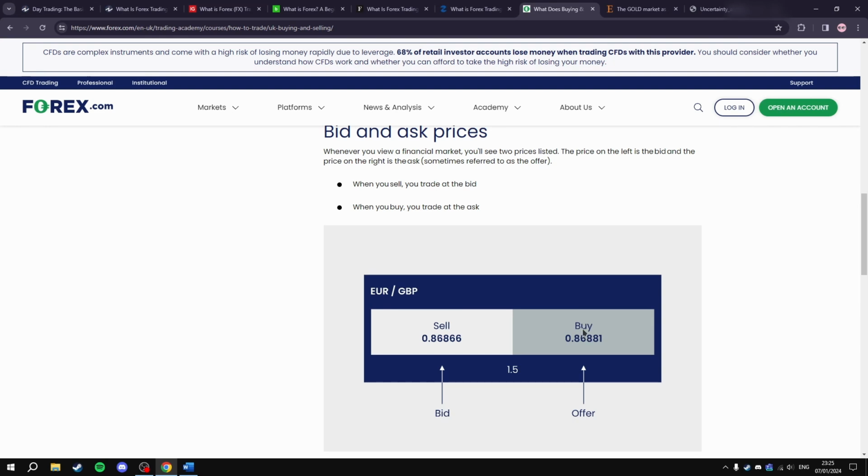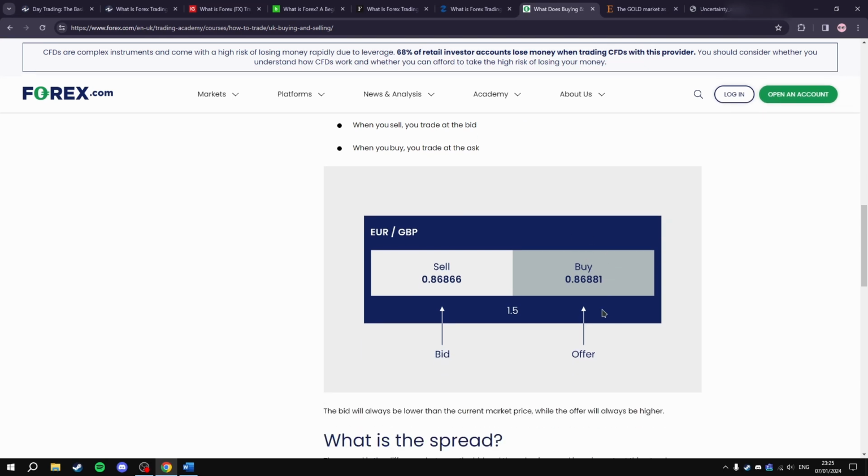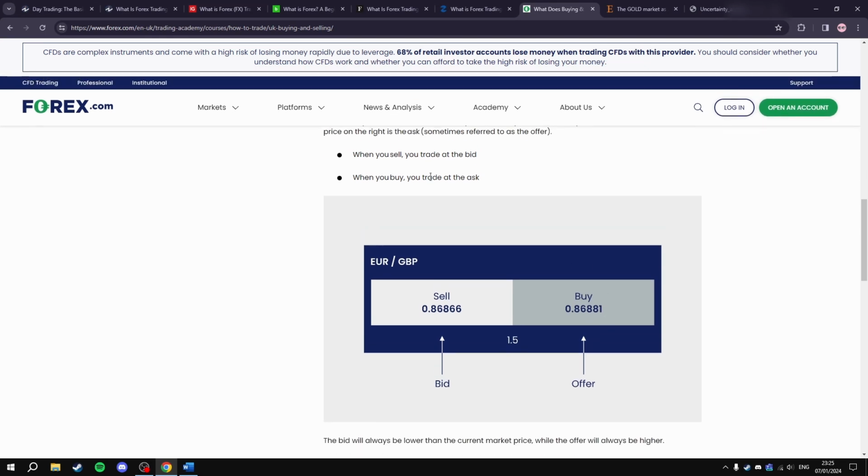So buy is the right. I can think of that as bye-bye, using my right hand to wave bye-bye, so buying is my right hand, buy, so it's the right side, so you can buy using the right side, okay. When you buy, you trade at the ask.